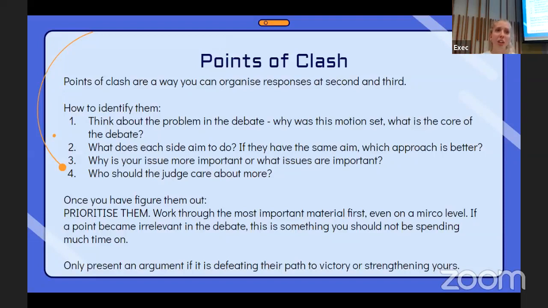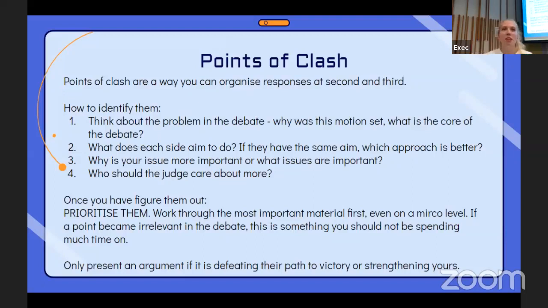Maybe you're clearly winning on the economic stuff. You should probably front load that, right? You should probably draw that out for the judge and explain how you're winning in that area, because then why would you waste so much time on areas of the debate where you're clearly not winning? Because you could just win by proving this one thing conclusively.